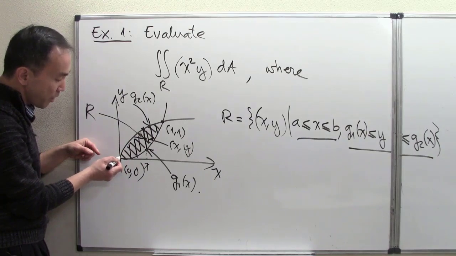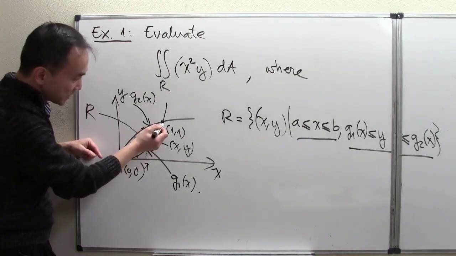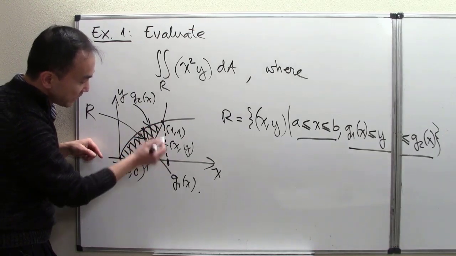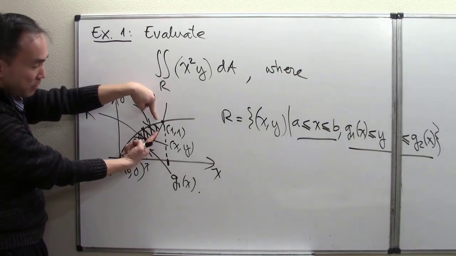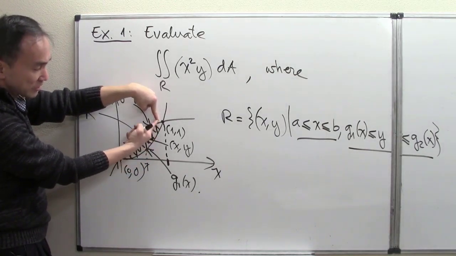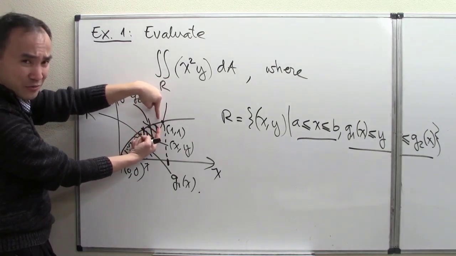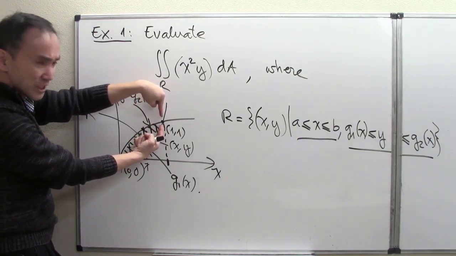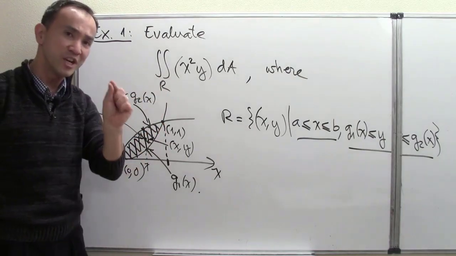The starting point we can put is at this point right here, and the ending point is about right here. That's the last vertical stripe we can put, because the vertical stripes keep getting smaller and smaller, since the height at any x value will always be restricted between the two curves. The really last vertical stripe we put is right there where it hits the ending point of the region.